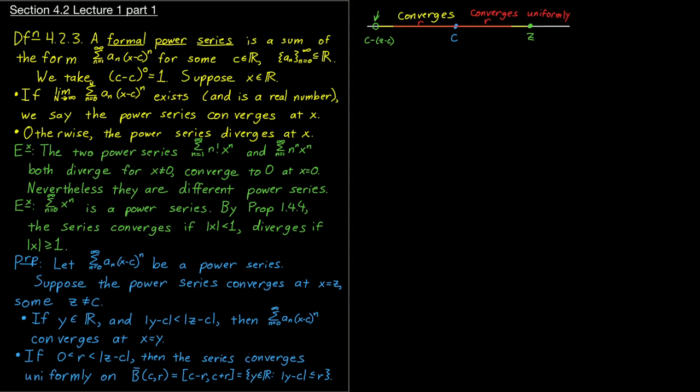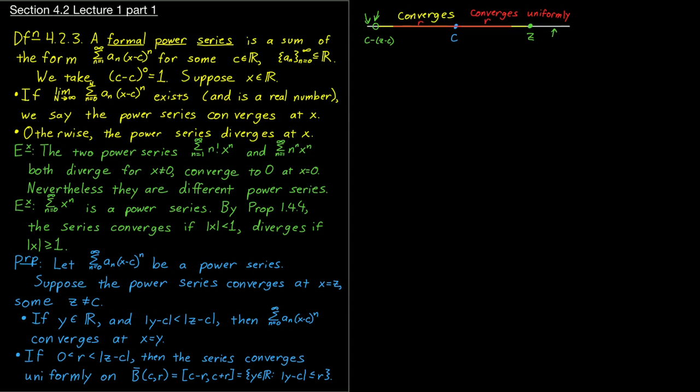We don't necessarily know what happens outside it, when you're farther away from c than z, but we do know if you're closer to c than z, then you're definitely going to converge, and you can get uniform convergence by pinching in a little bit.